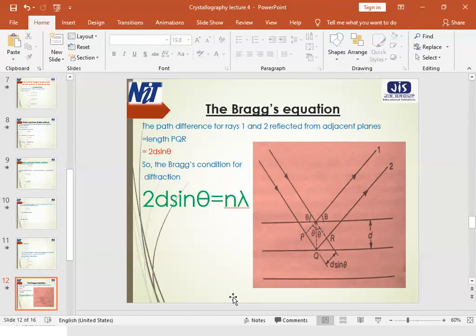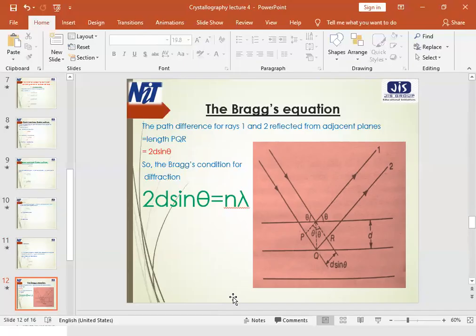He found that the direction of diffracted beams can be accounted for by making the assumptions that the X-rays are specularly, meaning mirror-like, reflected from parallel atomic planes in the crystal, and the multiple reflections interfere constructively in those directions.